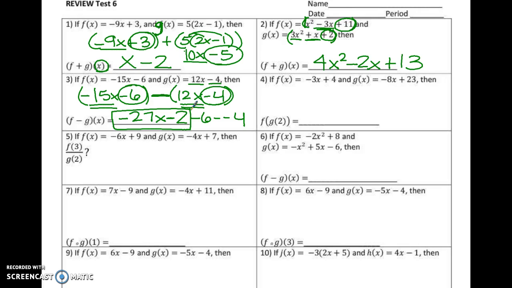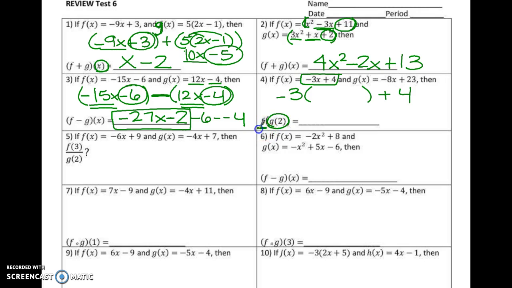The next one is f of g of 2. So when g is inside of f, f is the outside function. So we write out f, leaving a space to plug in the input stuff.